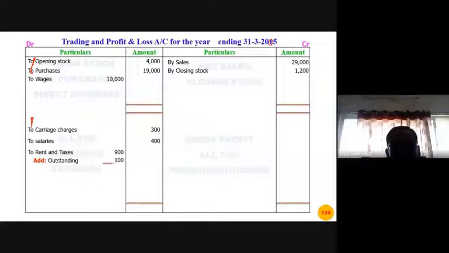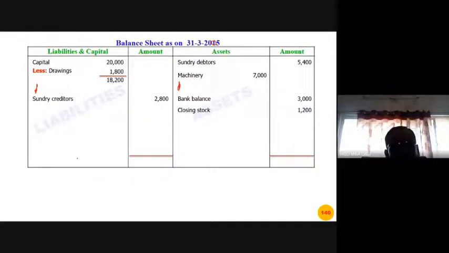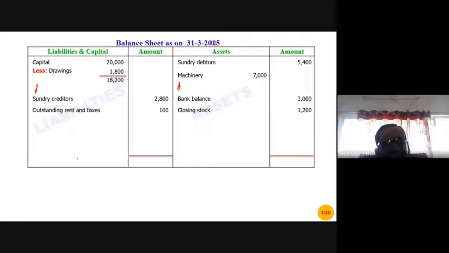Yes, add 900 plus 100, total 1000. Any outstanding expenditure is to be added to the respective expenditure. Again, it is to be shown as a liability on the liability side. Go to balance sheet. On the liability side, show outstanding rent and taxes, 100.